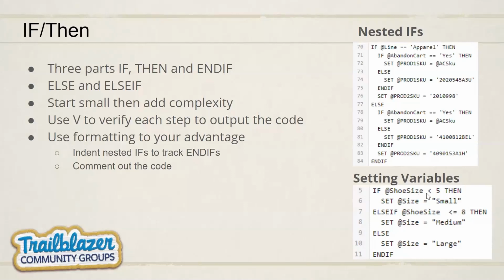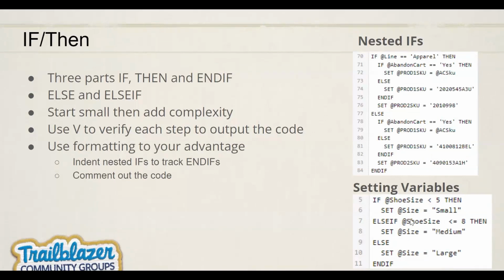So if shoe size is less than 5, then do this, or else if it doesn't match, but if it matches less than or equals to 8, then execute the next statement. Or else, if none of the if and else if conditions match, then execute the else condition and then end if. End if is like closing the if loop. So this is the basic syntax.